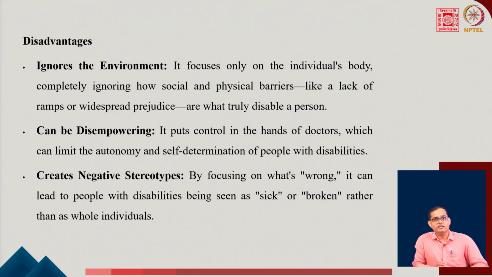But there are many disadvantages of this medical model of disability, because it ignores the environment. It focuses only on the individual's body, completely ignoring how social and physical barriers like lack of ramps or widespread prejudices are what truly disable a person.